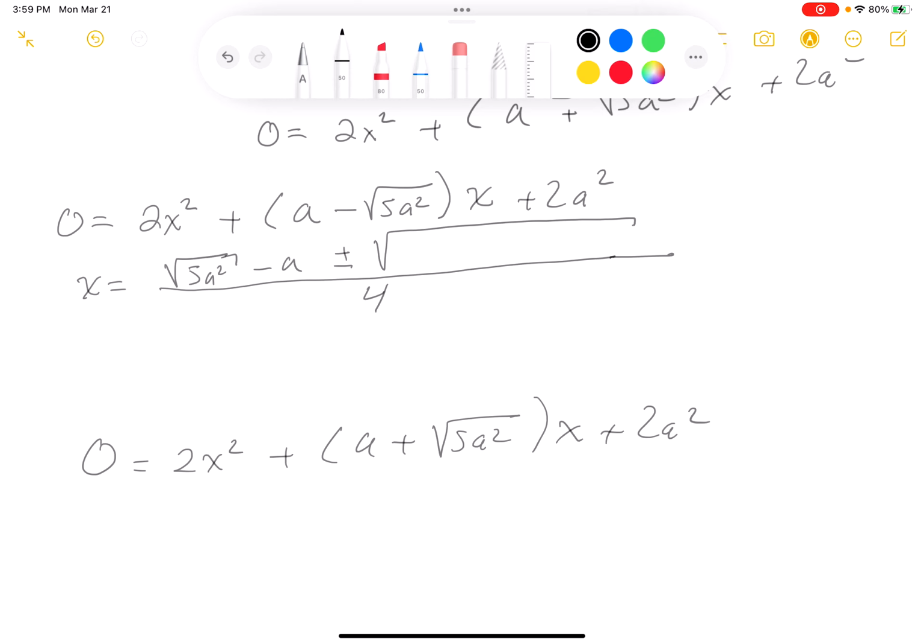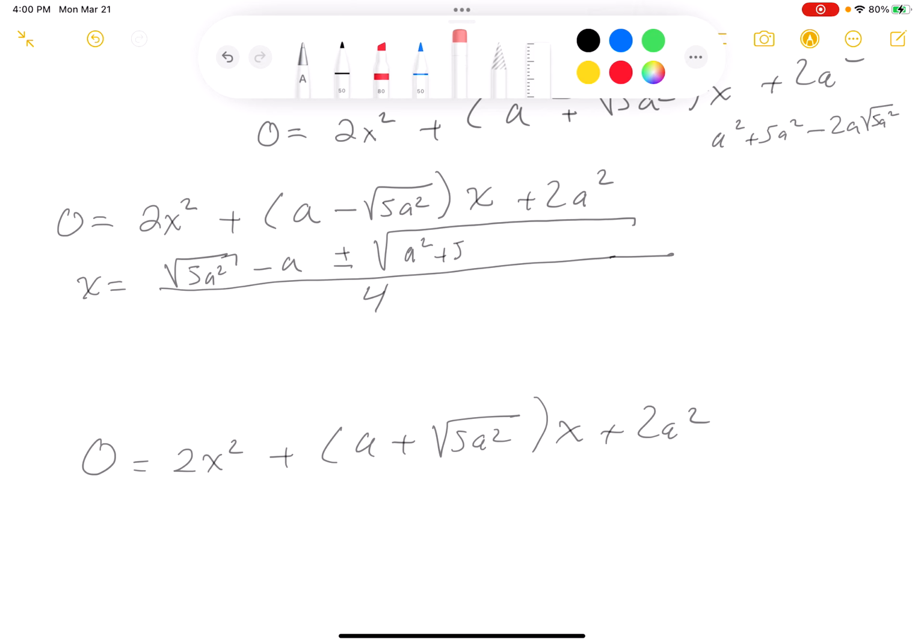Let's see, we got to square that guy, right? So it's going to be a squared plus 5a squared minus 2a root 5a squared. All right, let's write that down. a squared plus 5a squared.